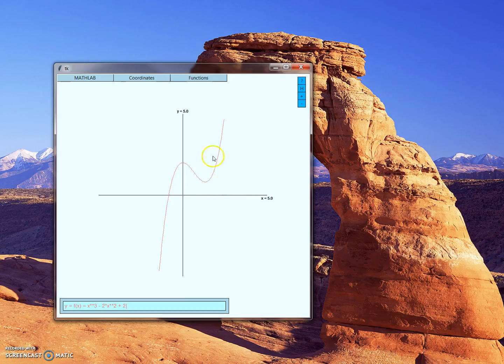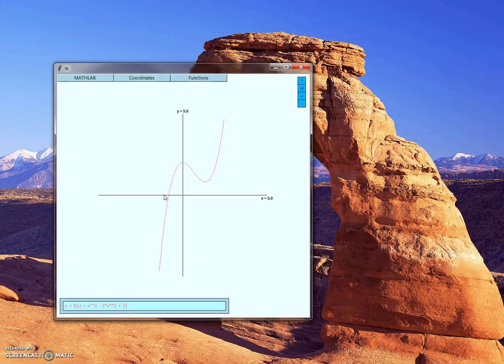Let's just say that we guess around here, and then we guess here. Newton's method is going to come here, then we're going to guess here, and then Newton's method is going to come back here, and we're going to get stuck in this infinite loop, and that never converges to the actual 0, which is over here for Newton's method. So that's why Newton's method isn't a foolproof method for computing zeros.